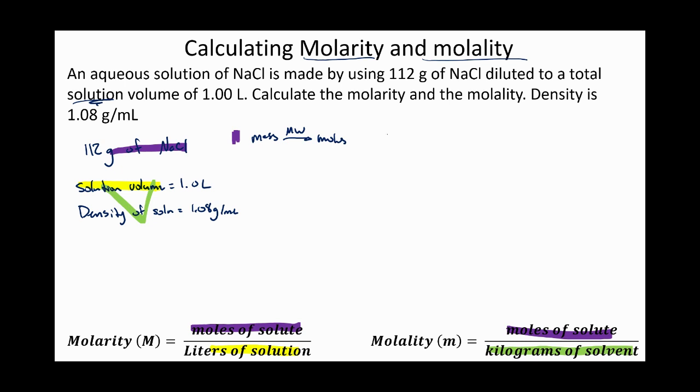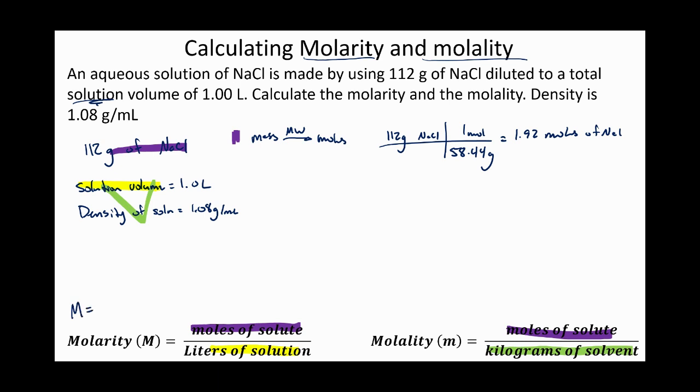So I'm going to take my 112 grams NaCl and divide that by its molecular weight, and in this case, that's 58.44 grams per 1 mole. I'd get that I have 1.92 moles of NaCl. Right off the bat, now that I have my moles of solute and my liters of solution, I can calculate the molarity.